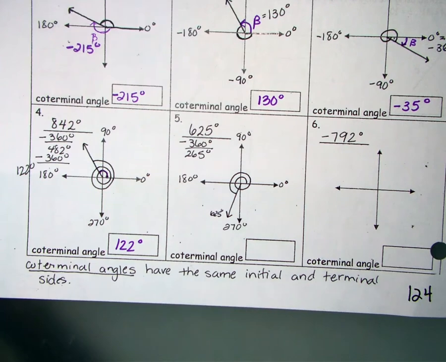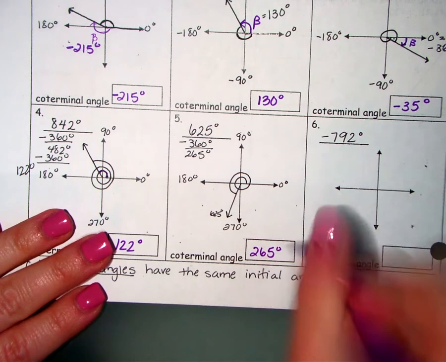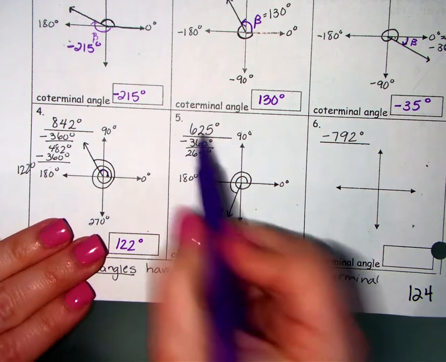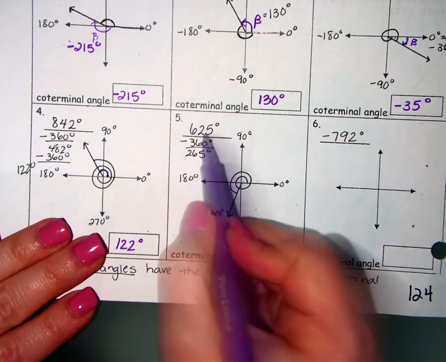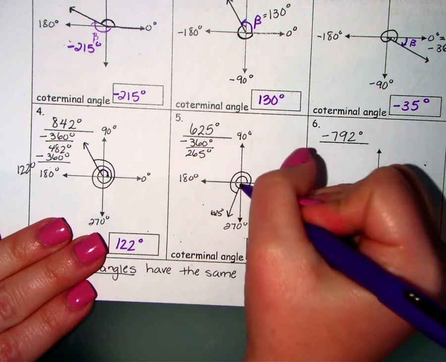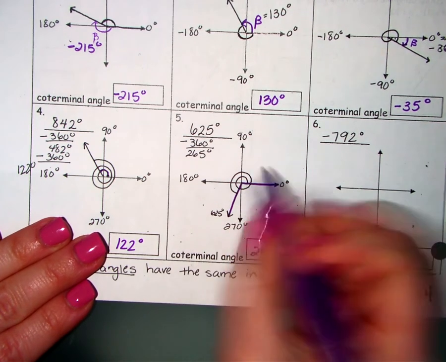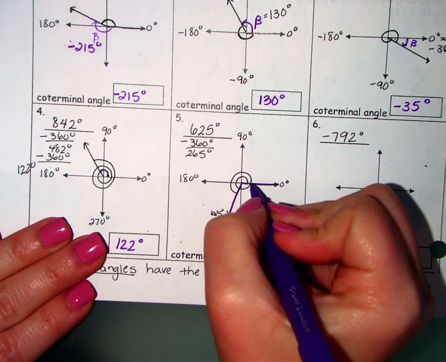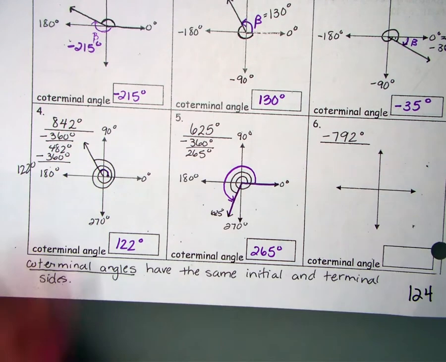So again, this 265 degrees is a coterminal angle with 625, because to get to the same initial and terminal sides, instead of going around and around, I could just go straight there once and that's it. All right, so we start and we stop in the same place.